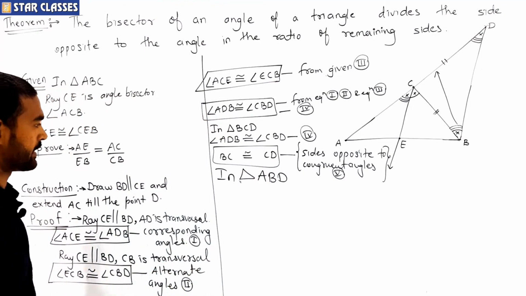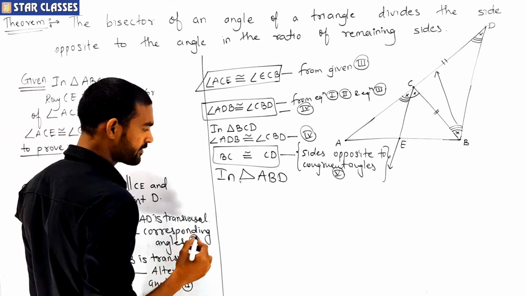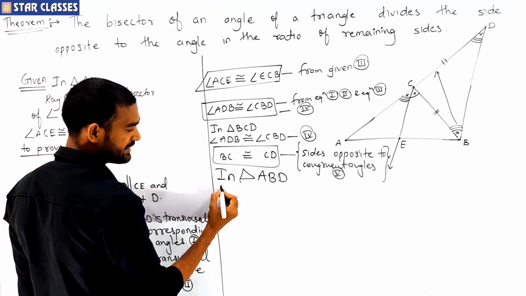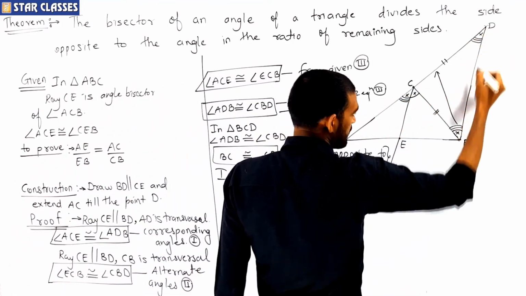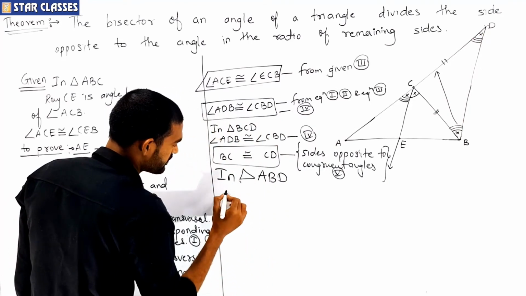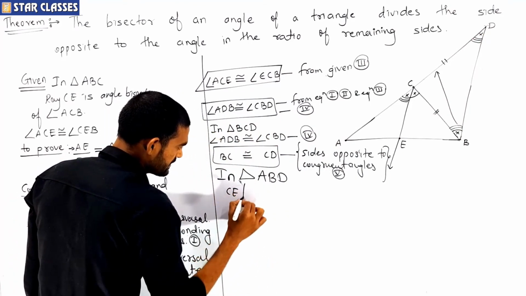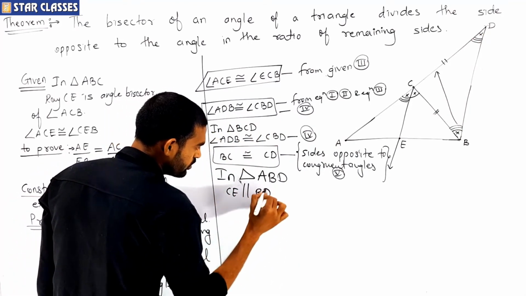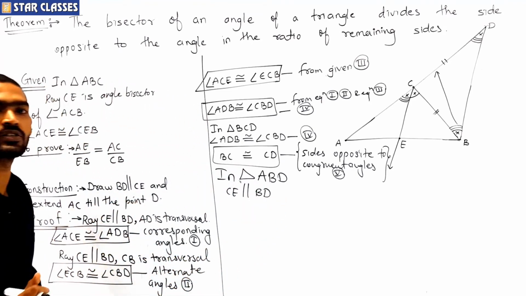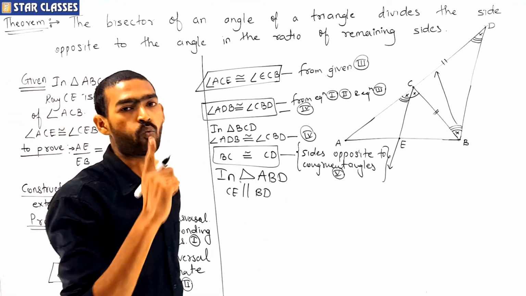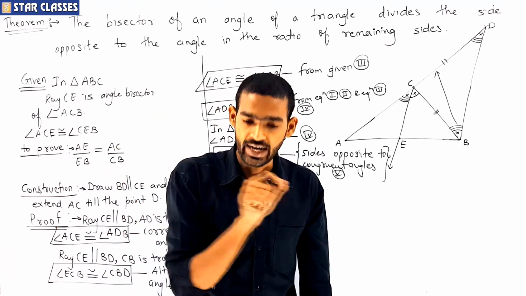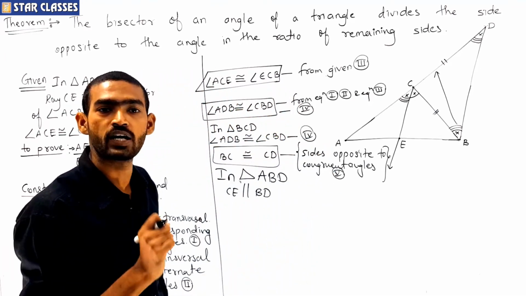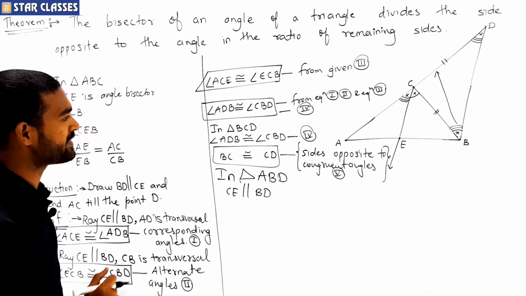In this triangle, we will say that CE is parallel to BD. Remember, students, whenever we have a line parallel to a side in a triangle, which theorem will follow? The BPT theorem.